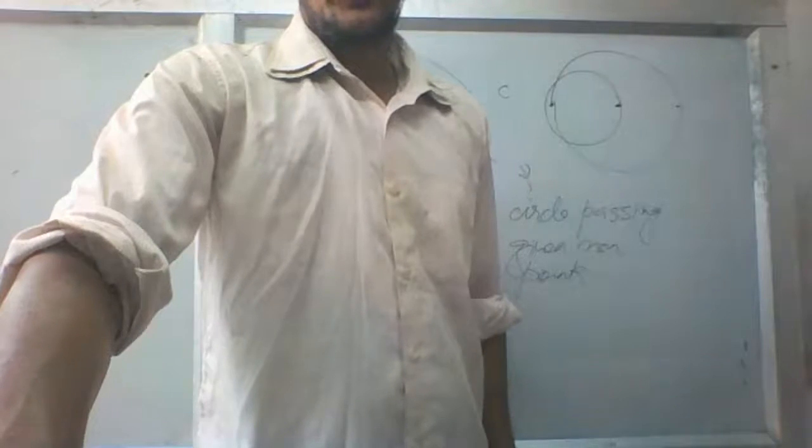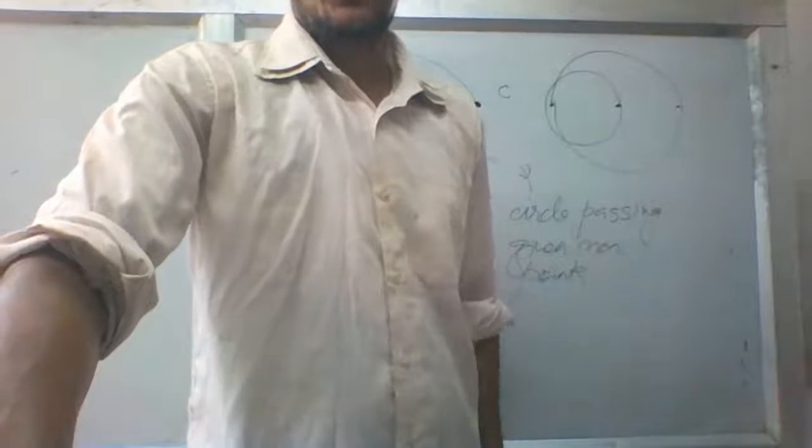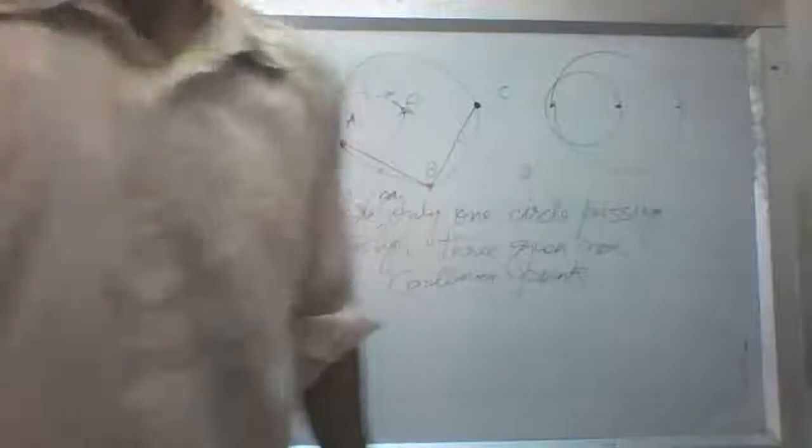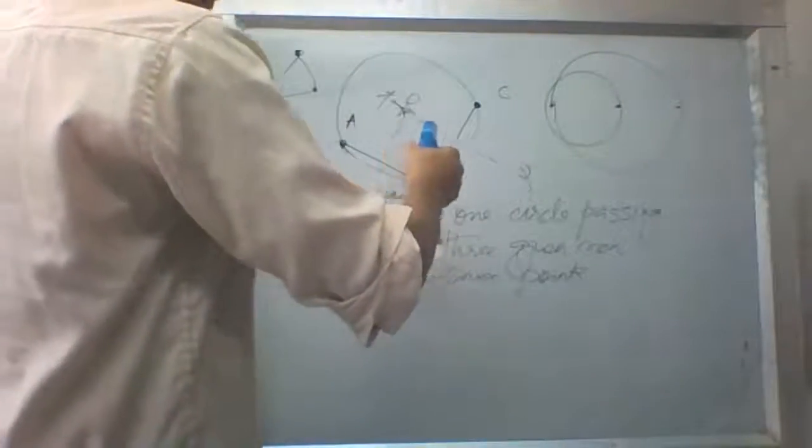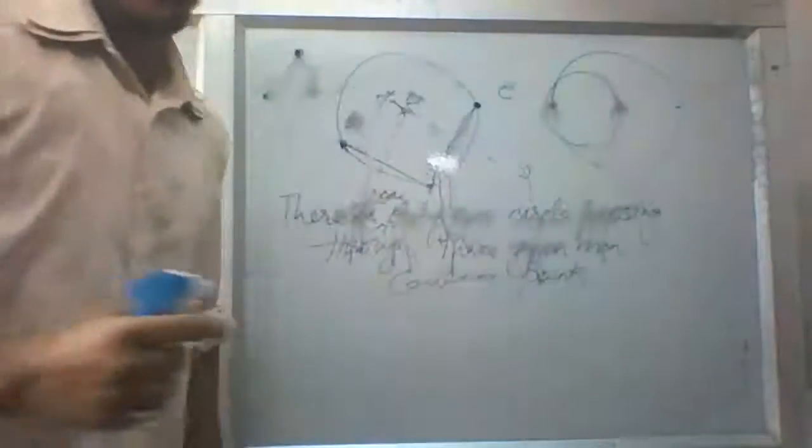Now, equal chords and their equal distances from the center. This is the final part of the circle chapter. Why is this final? After this, the chapter will be finished, and this much is given for the class 9th introduction to the circle.